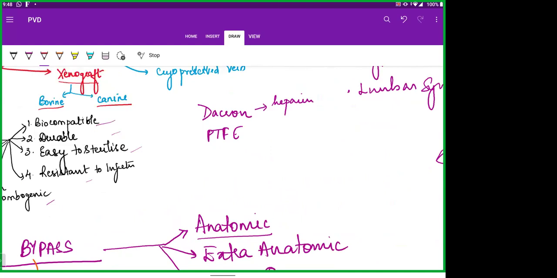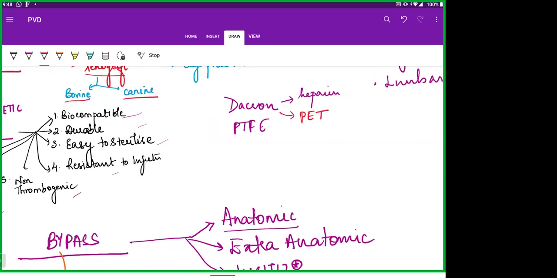Like how you said PTFE, which is polytetrafluoroethylene, what is the full form of Dacron? I'm not sure, sir. It is polyethylene terephthalate, PET. Okay, PET. Polyethylene terephthalate is Dacron. PTFE is polytetrafluoroethylene.